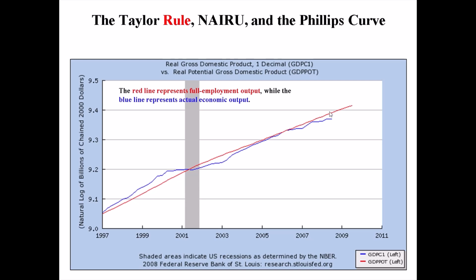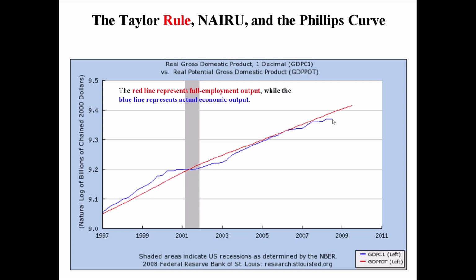Now the red line represents potential GDP, and the blue line represents real GDP. And you can see that we had the great times of the 1990s, and then we went into a recession, and GDP fell below potential GDP, and it kind of remained there all throughout the Bush years.